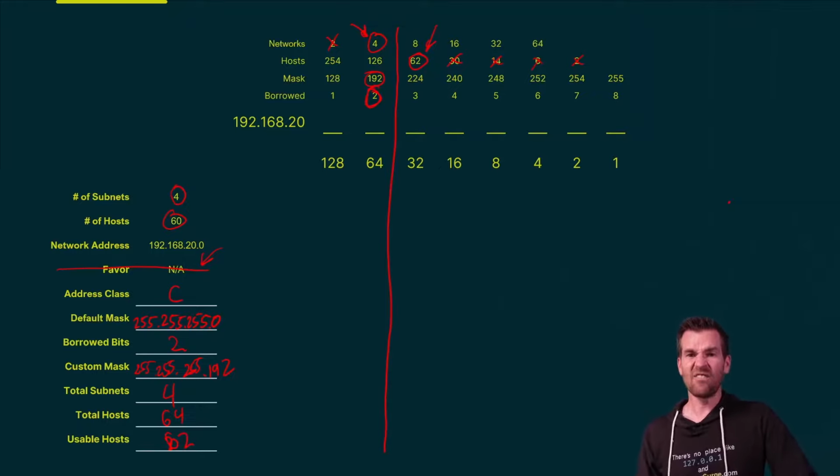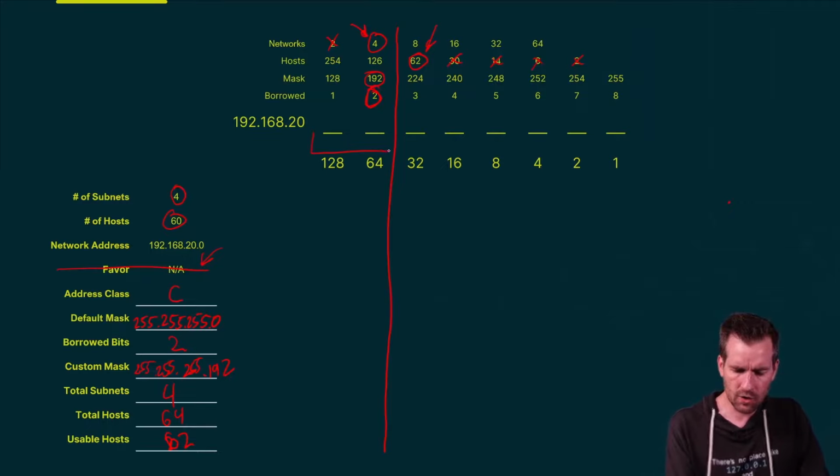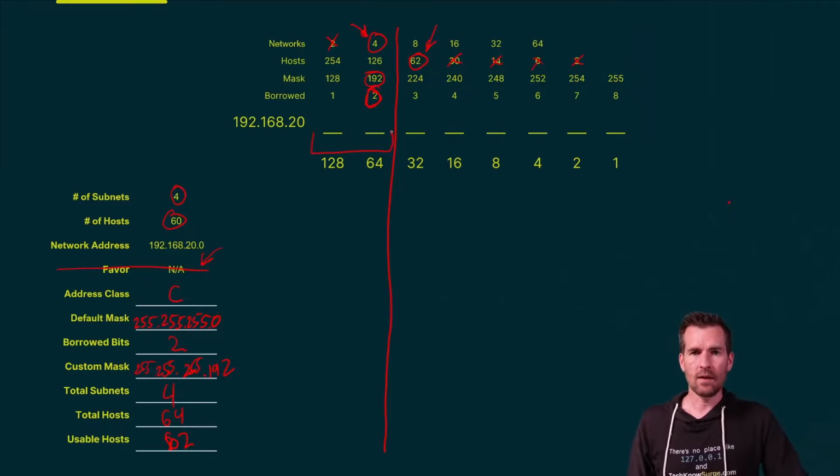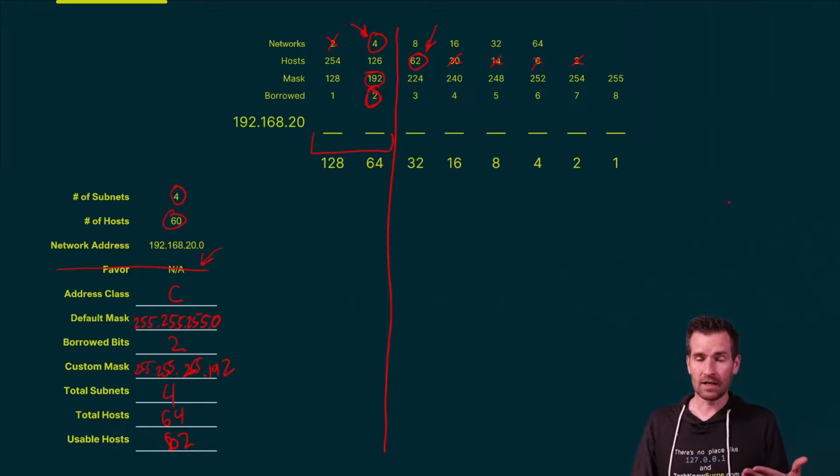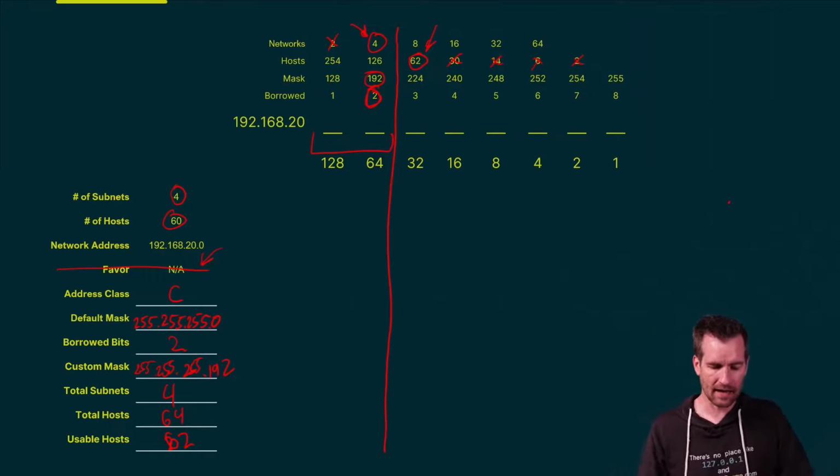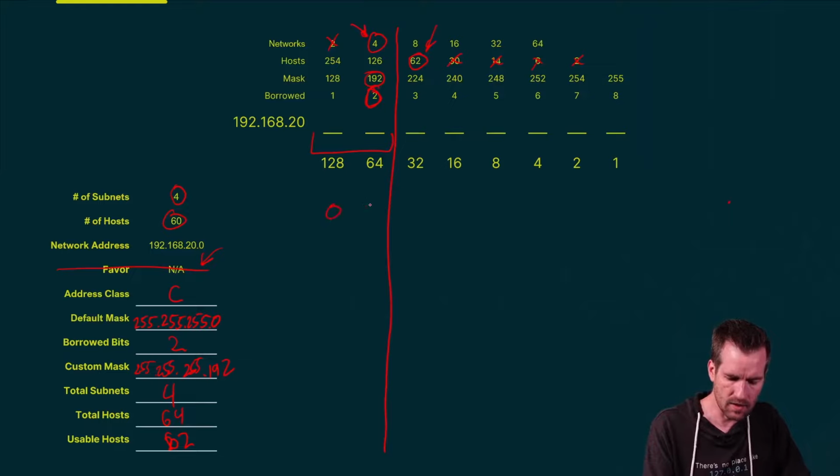Now, let's start figuring this out. What are our actual network ranges? So if we've borrowed 2 bits here, then we have 2 to the second power is 4 possibilities. There's 4 networks that we've created. What are those networks? Well, here's where your binary counting will come in handy because we have 0, 0. We've got 0, 1.